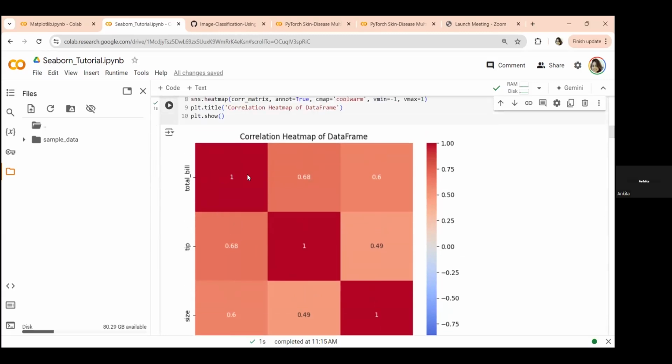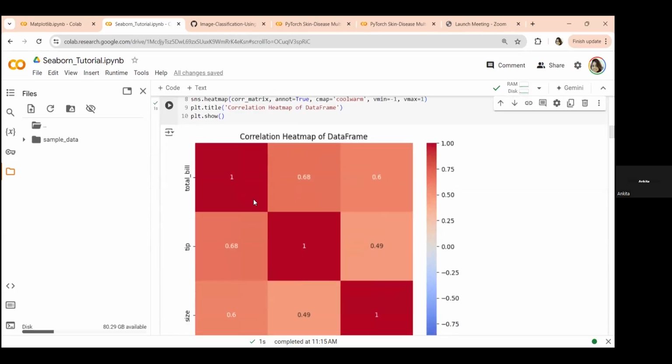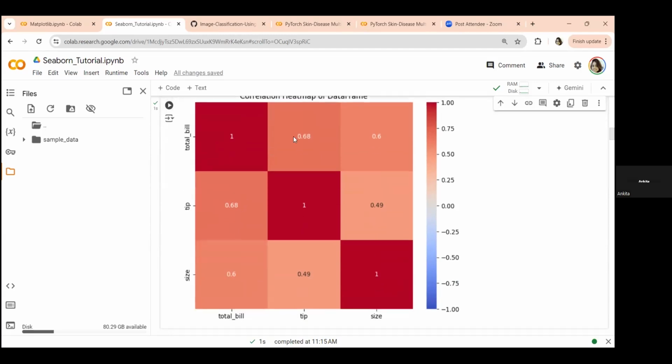The dark colors represent the most highly correlated values, and the lighter colors represent lower correlation.